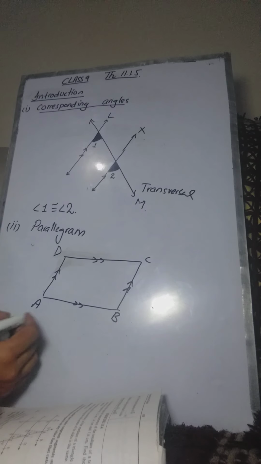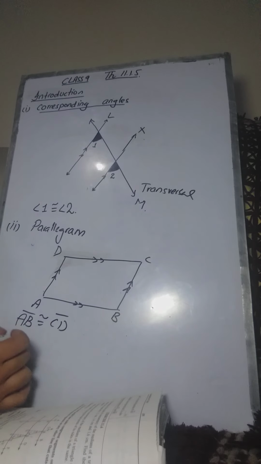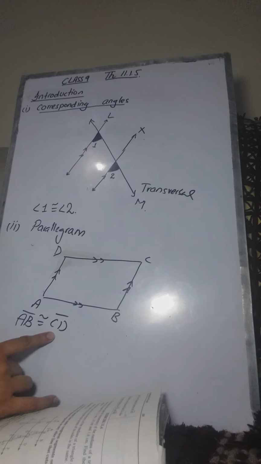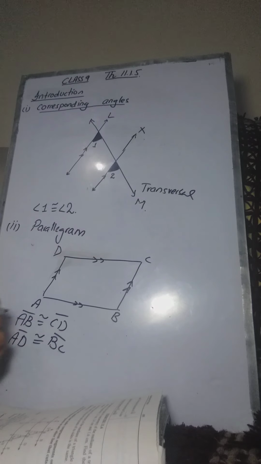And it is a property of the parallelogram that its opposite sides are congruent also. We have already proved that in the first theorem of this chapter, chapter 11. AB is congruent to CD and AD is congruent to BC. Okay, these are the results which we are going to use in this theorem.